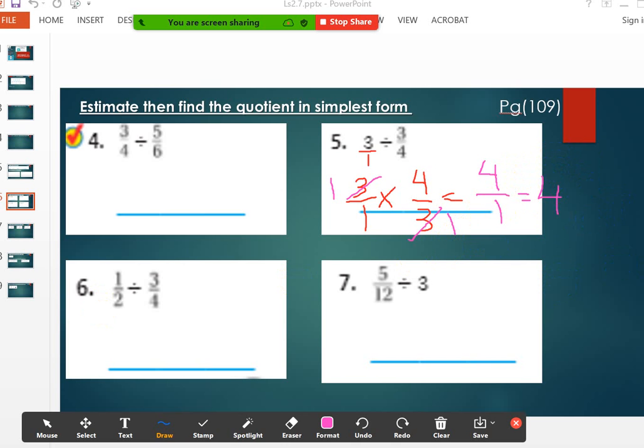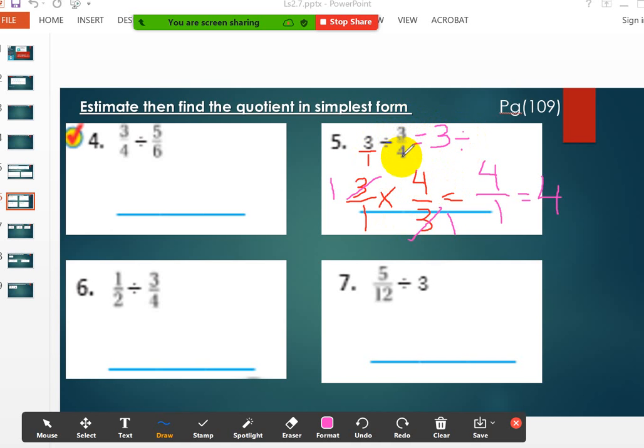Thank you. So girls, first thing, I forgot to estimate the answer. So I will do the estimation first. If I want to estimate, look, the 3 will stay the same, 3. But what about 3 over 4? You remember when I want to round the fraction?